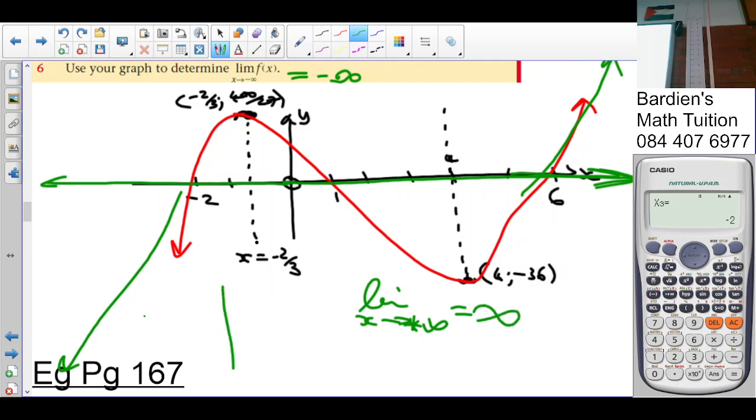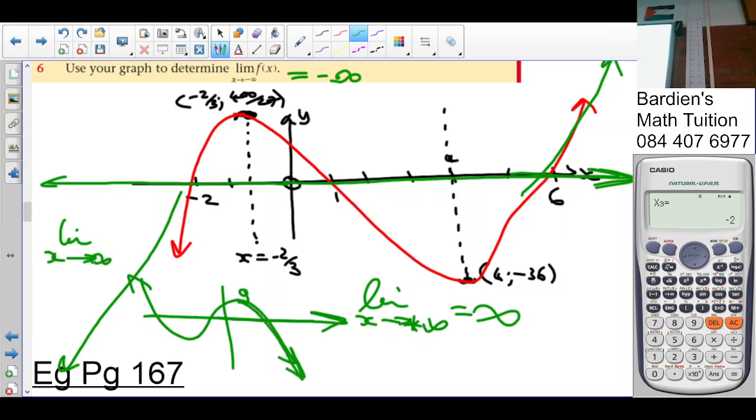If the graph had gone the other way, what will happen as x approaches infinity? If this is g, the limit as x approaches infinity, what will happen to this graph? What is this, positive or negative infinity at the bottom? Negative infinity.